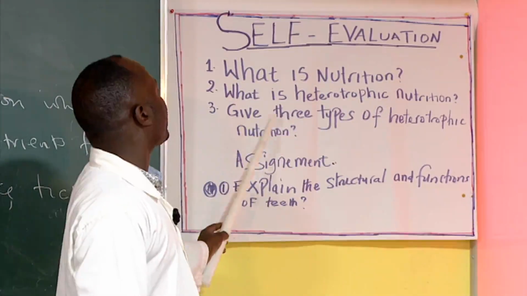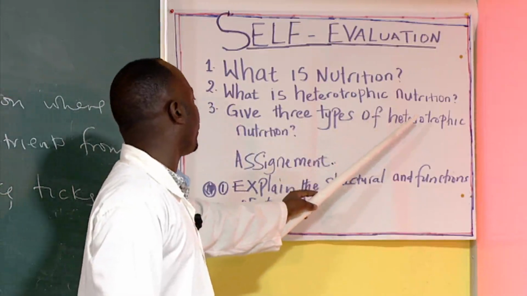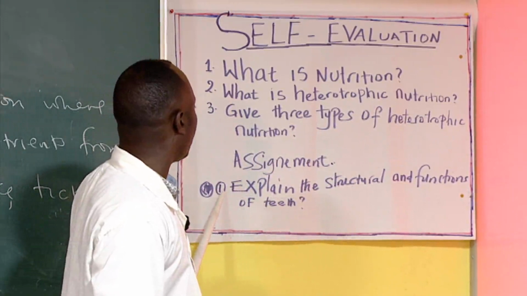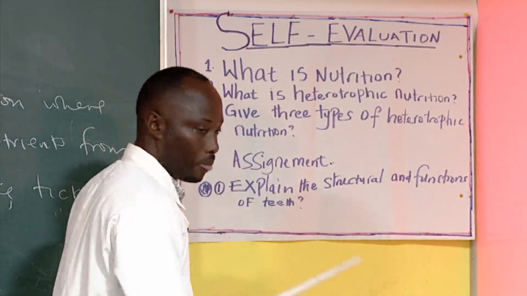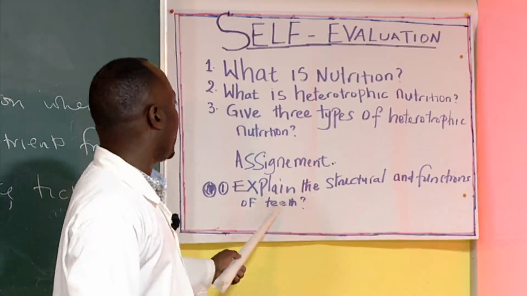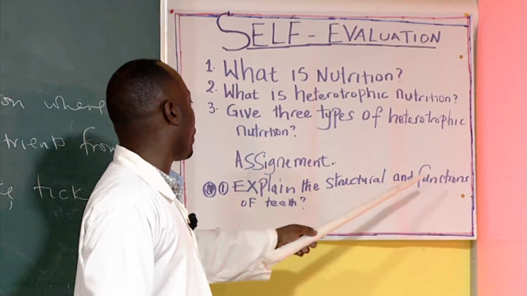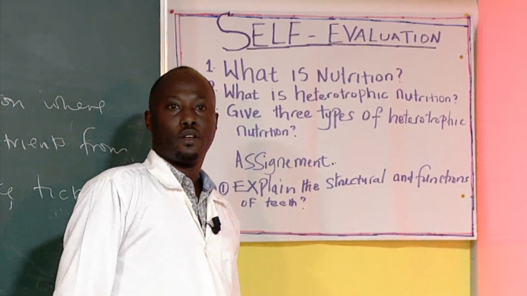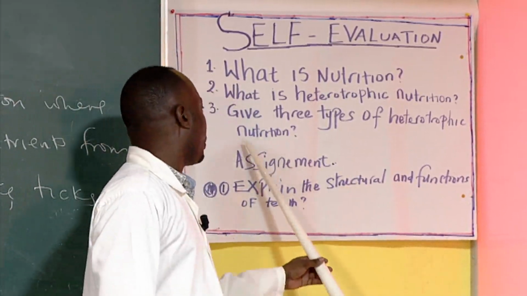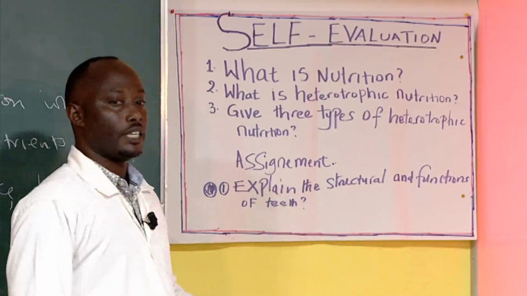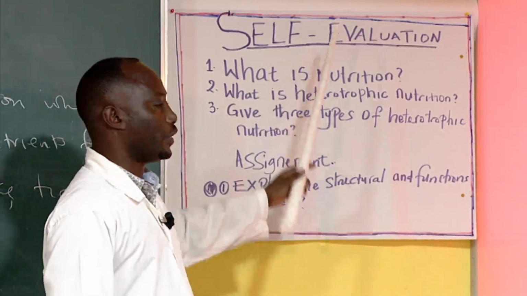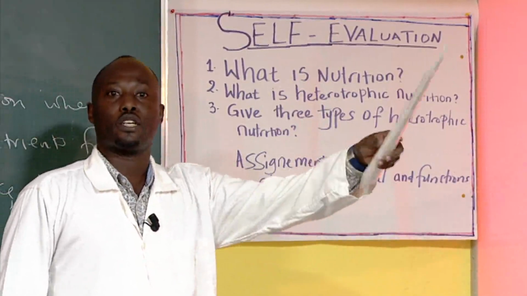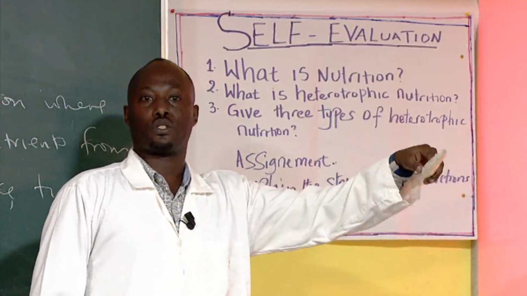Third, give 3 types of heterotrophic nutrition. And number 4, explain the structure and function of the teeth. So dear students, you can do this assignment or self-evaluation, which will be discussed in the next lesson.